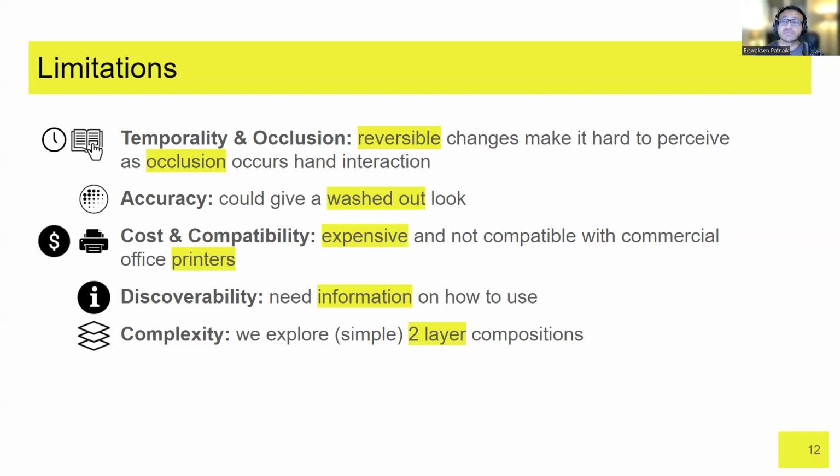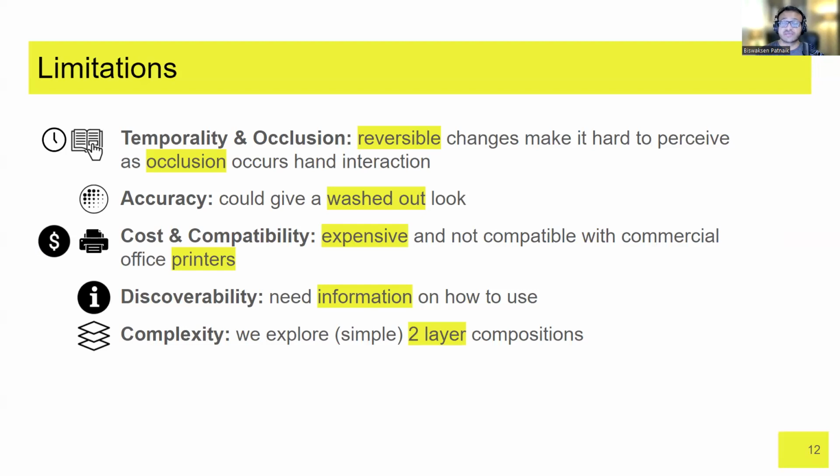Accuracy. Sometimes color-changing inks could give a washed out look. Cost and compatibility. Color-changing inks are expensive compared to regular printer inks, and these are not compatible with the commercial printers that are available. Discoverability.